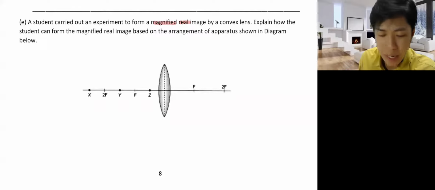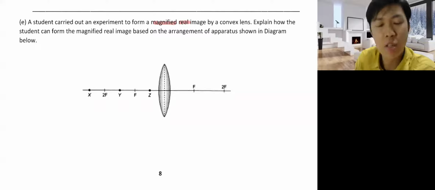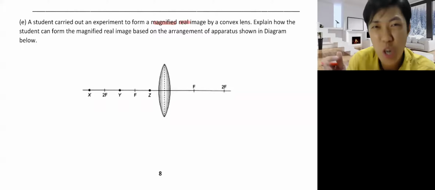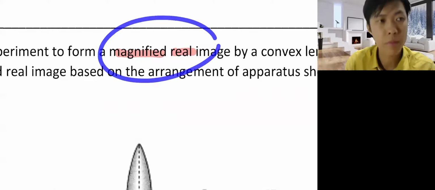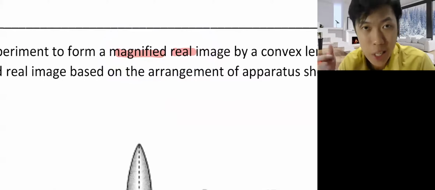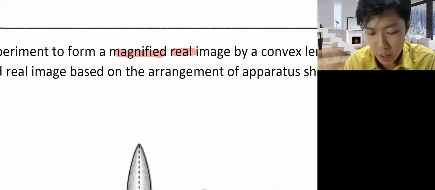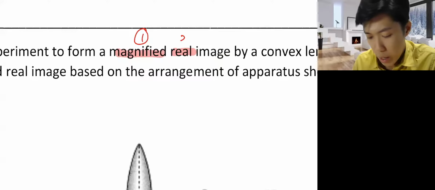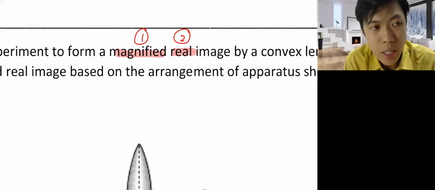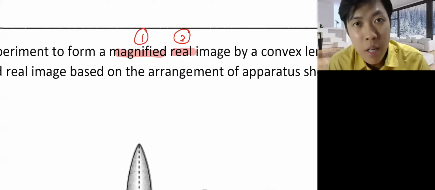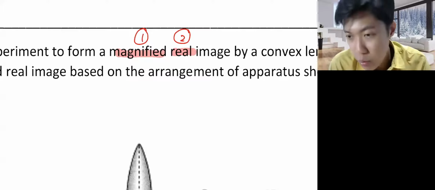Explain how the student can form the magnified real image based on the arrangement. So we want to know, in order to form this, where must we place the object to get the two characteristics? This is the example that we should follow.